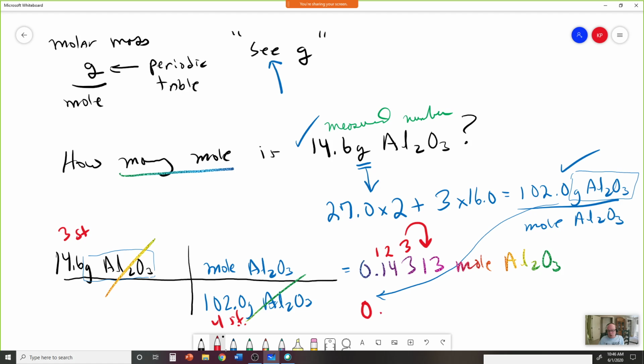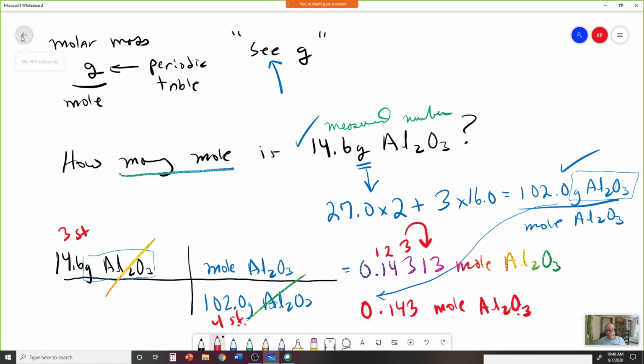We don't have to round, and so that is 0.143 mole aluminum oxide. There it is. Let me make this 3 look a little better. And there it is. There's your answer. So 14.6 grams of aluminum oxide is 0.143 moles aluminum oxide. And we can, of course, go back and forth between grams and moles using our molar mass.